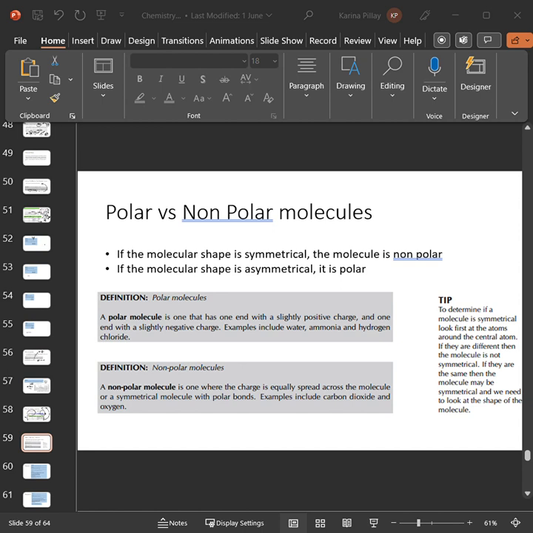So these are the steps you're going to take. First, calculate the change in electronegativity. If you get 0, it automatically means it's nonpolar. But if you get a number, then you need to check its shape. If it's symmetrical, it's automatically nonpolar. But if it's unsymmetrical, it's a polar bond.